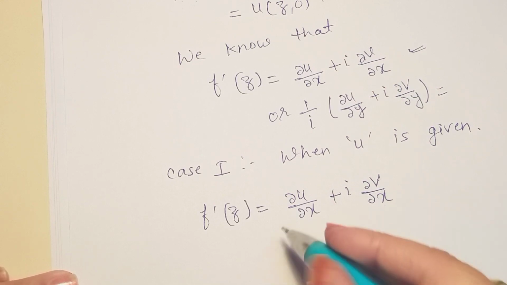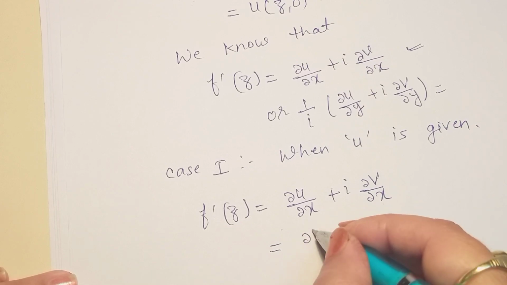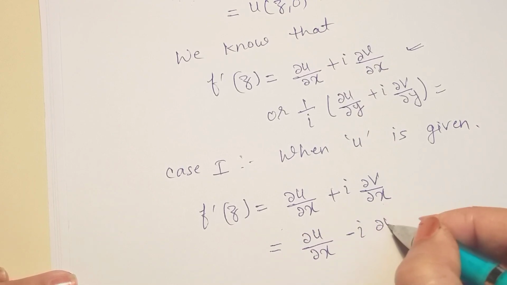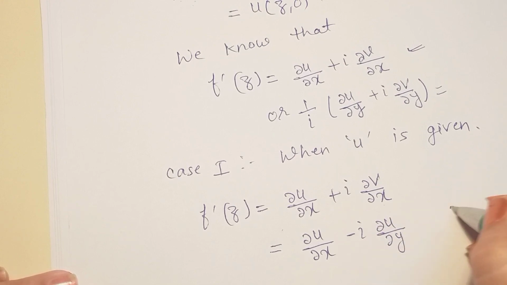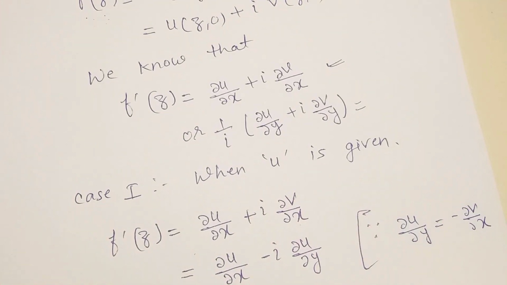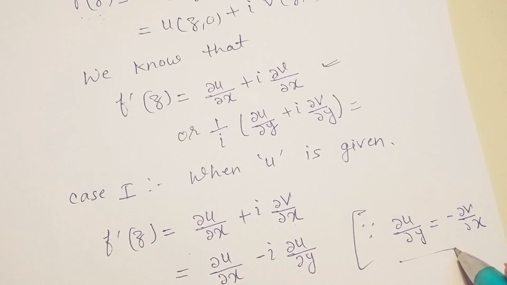Okay, so it will become del u by del x minus iota del u by del y, because by Cauchy-Riemann condition we know that del u by del y is equal to minus of del v by del x. Okay, we know that by Cauchy-Riemann condition.